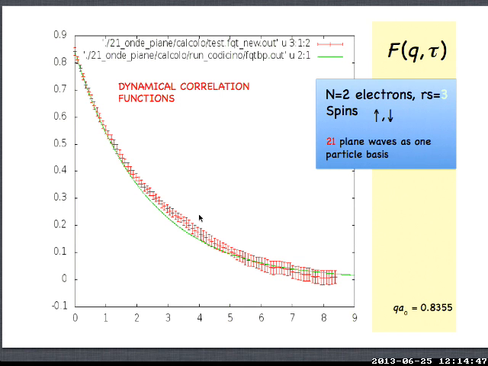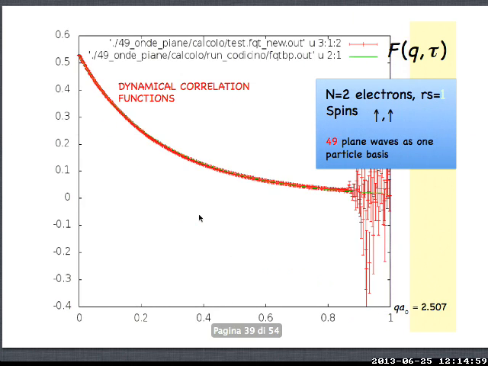There is also the possibility that the approximations start to become visible. This is the up-up system, and again this instability problem is evident already at 49 plane waves, and this could be a difficulty when extending the size of the system.